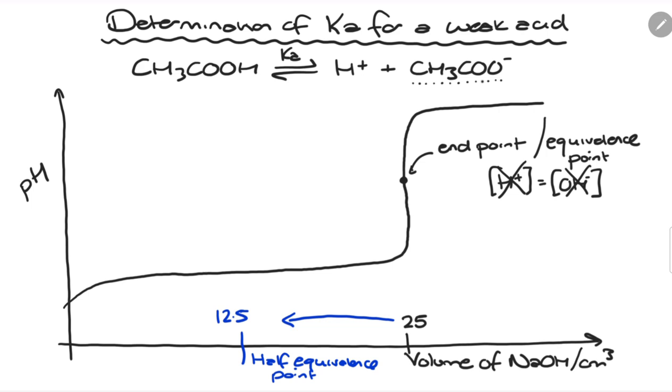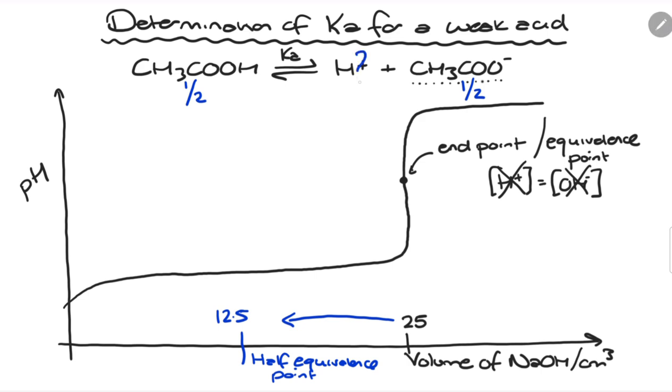At this precise moment in time, we can establish that we have probably neutralized half of the acid, and so have half of the acid remaining. If we have therefore reacted half of the acid away, we have produced the same amount of base, or the same amount of product in that reaction.